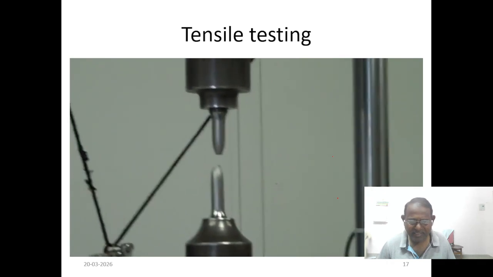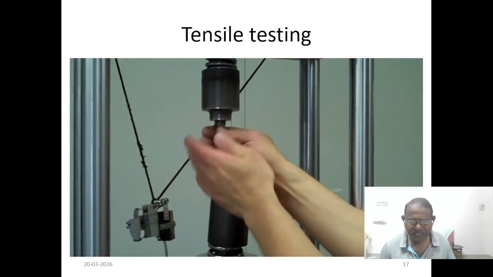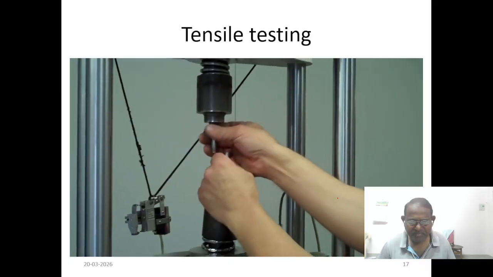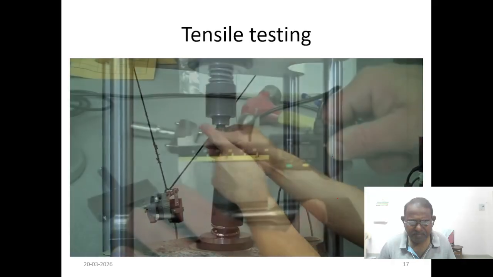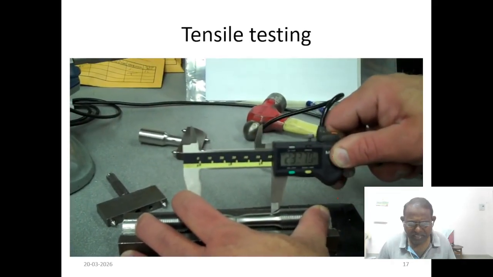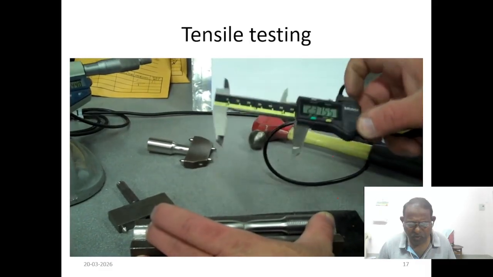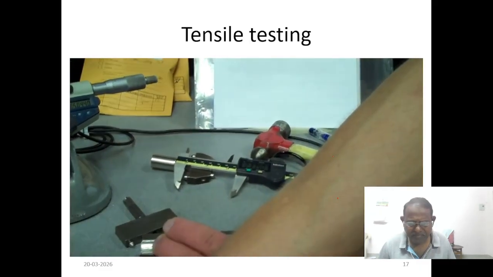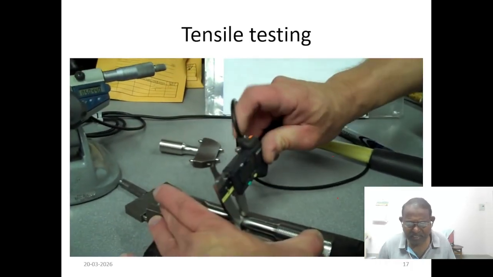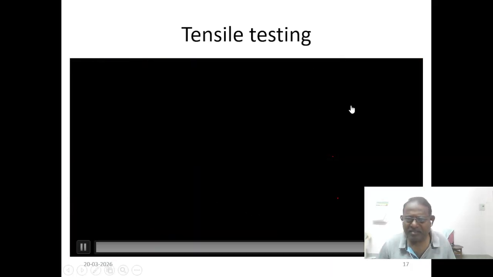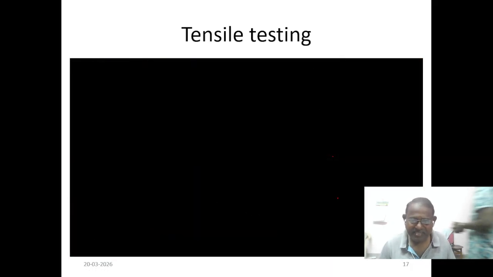Excellent. Specimen is removed. Now we can observe the length before and after. Diameter is measured to identify the percentage reduction in cross sectional area.